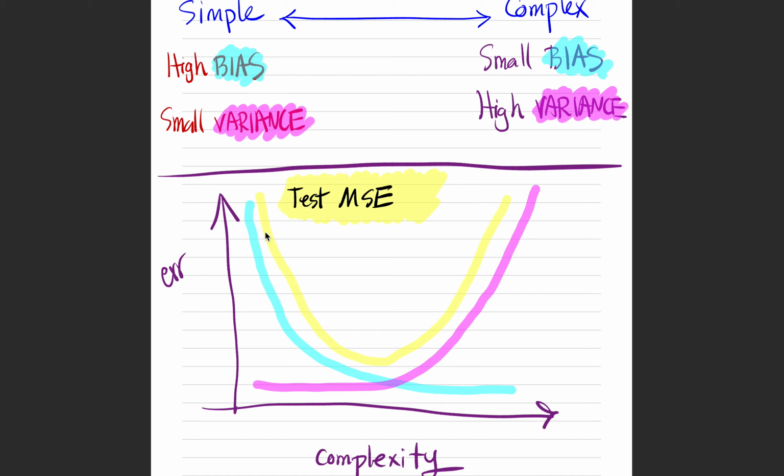As we move from rigid to flexible, the model becomes flexible enough to capture the complicated real-life phenomena. But if we turn that model too flexible, then instead of capturing complicated real-life phenomena, it starts capturing the variability and the noise, and that's why the test MSE increases.